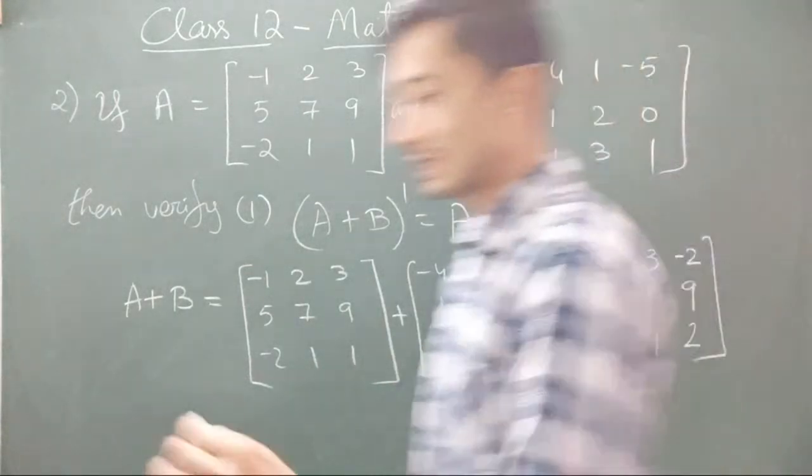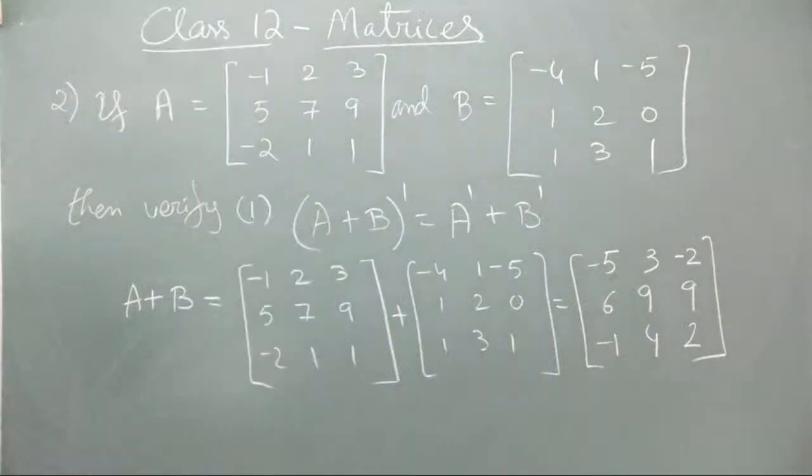So that's our matrix A plus B: -5, 3, -2, 6, 9, 9, -1, 4, 2.